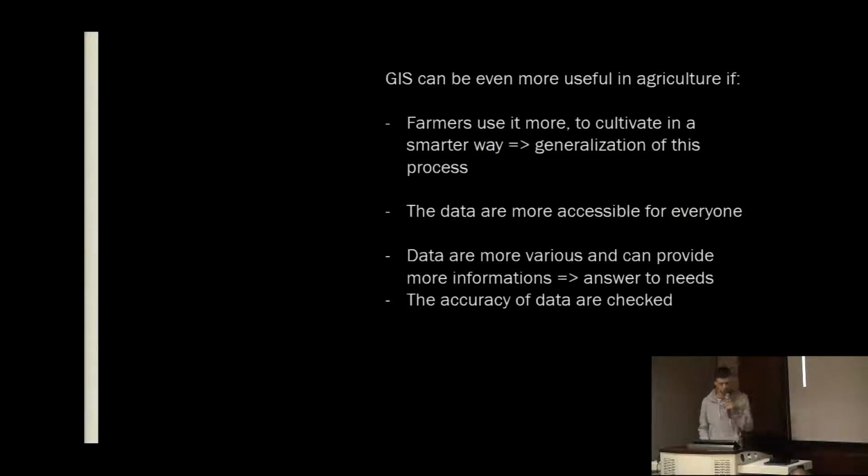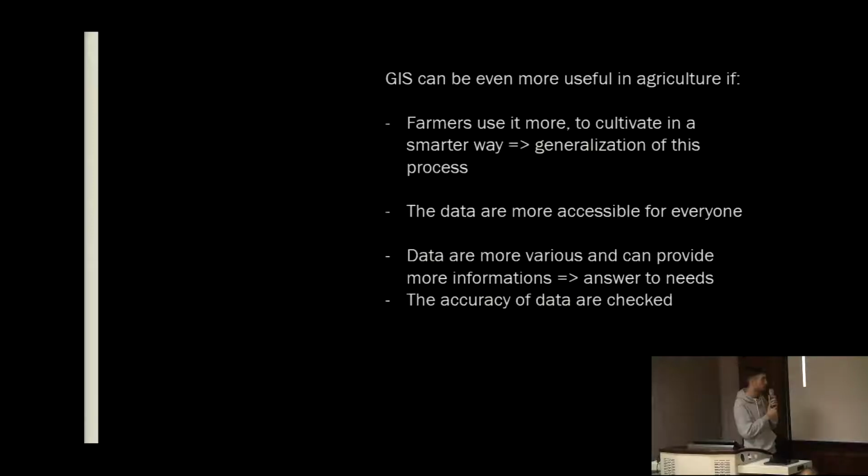Yeah, so GIS can be even more useful in agriculture as farmers use it more. So it's something that farmers can use more and more. It's a very developing thing. So we encourage farmers to use it more. So the data are more accessible for everyone.